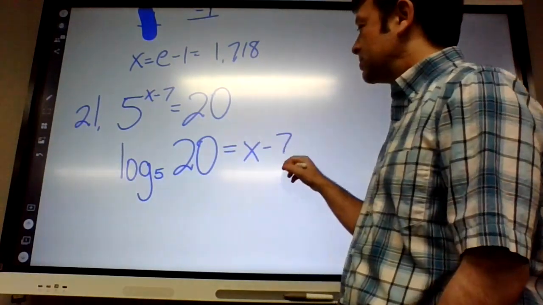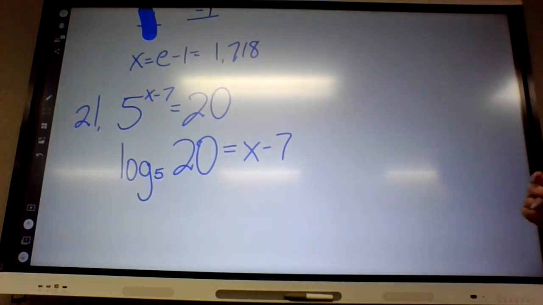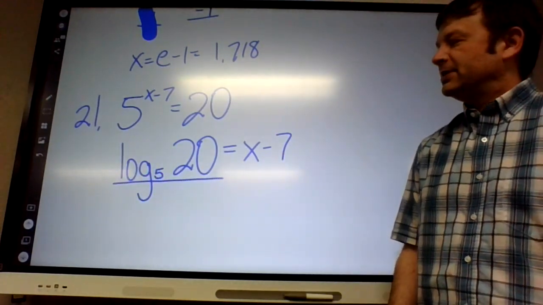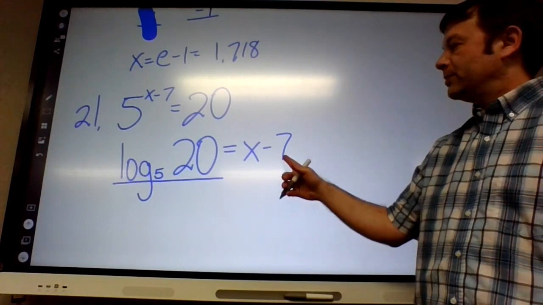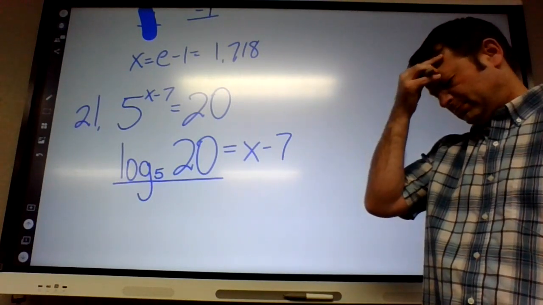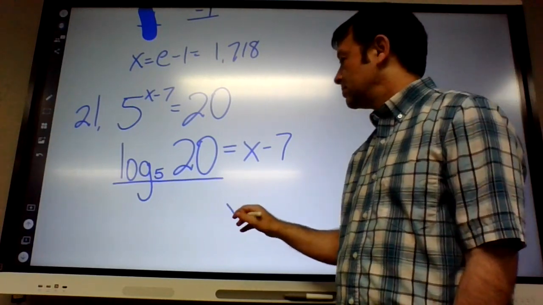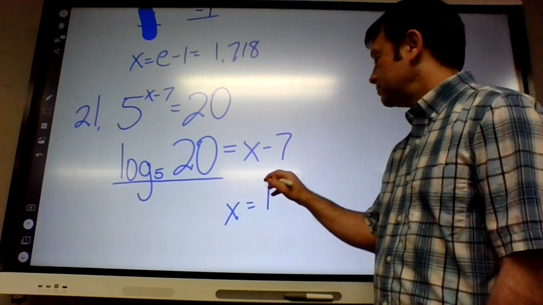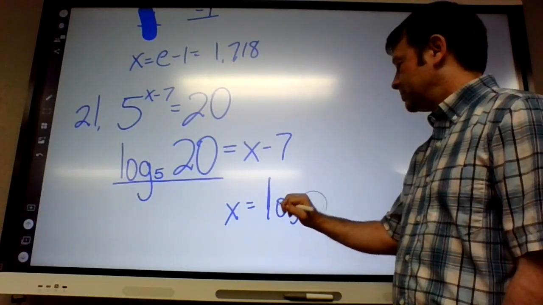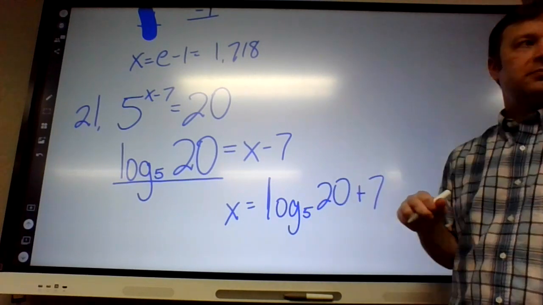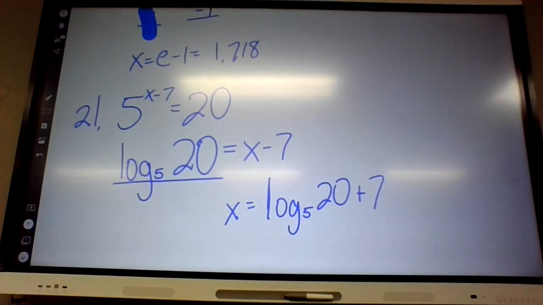Do you add 7 first to 20? No, the log is one thing. It has a lot more priority over the plus 7.